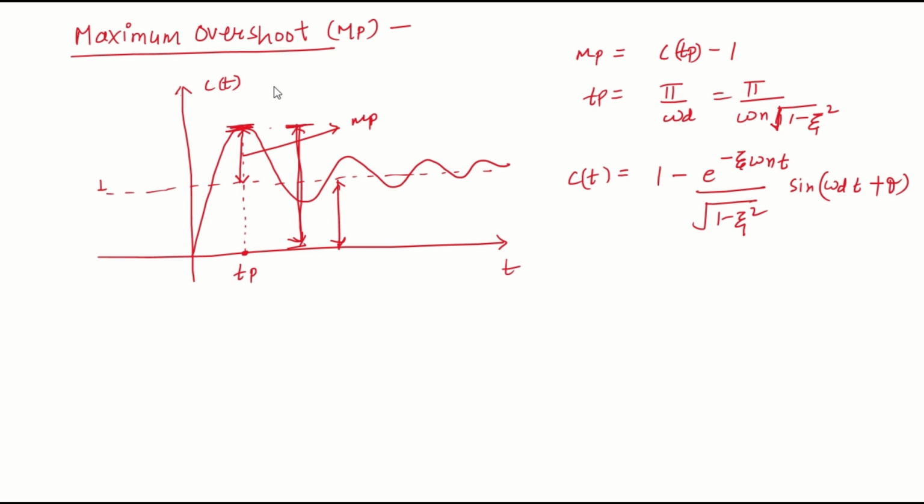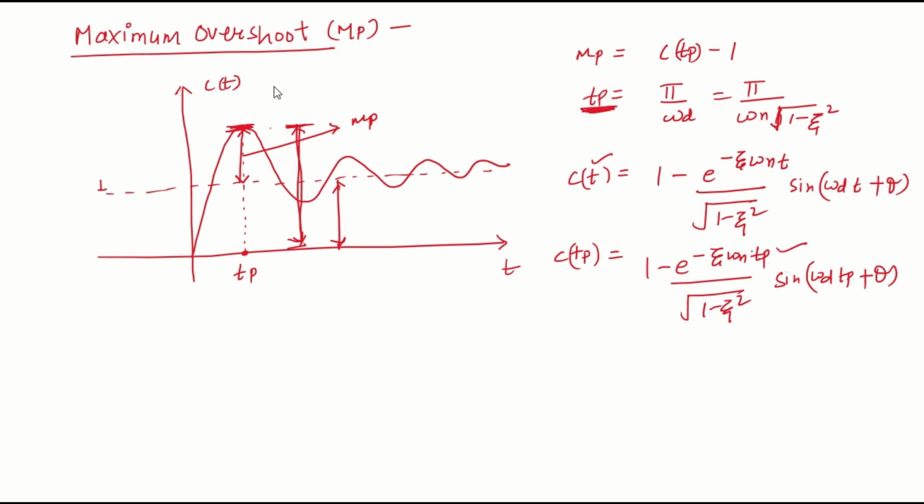Now we can put this value tp instead of t to get the maximum value. So let me define this here. C(tp) is equal to 1 minus e raised to power minus zeta omega n into tp divided by root 1 minus zeta square sine omega d tp plus theta. Now put this value tp in this expression.